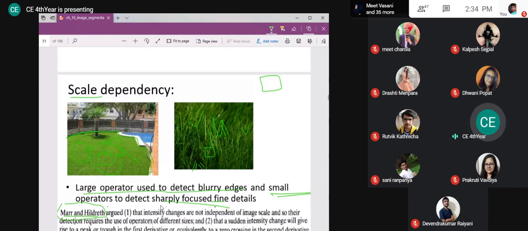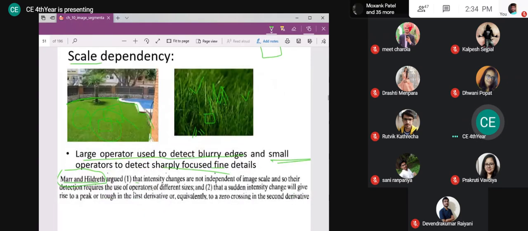So what they say is that the operator for edge detection should not be the same for detecting the blurry edges and for detecting this type of fine details. We should use different types of operators for edge detection in both cases. Here they should be larger. And intensity change will react to first order and second order derivative, and you can find zero crossing in the second order derivative.